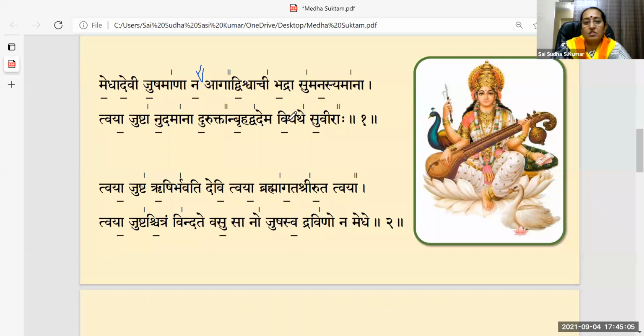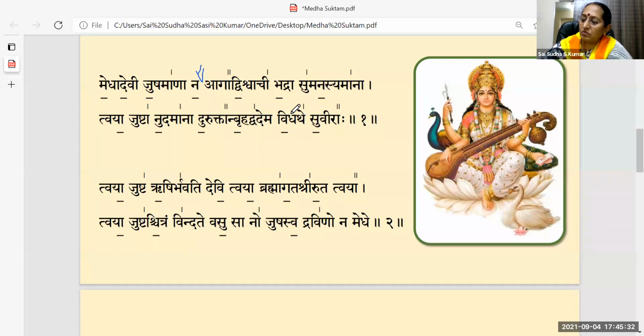Vidathe. Actually, it is right, Siddharth. It is Vidathe or Vidhate. I think it is Vidathe. Sairam. Siddharth, it is Vidathe, right? There is a Patha Bheda in that.